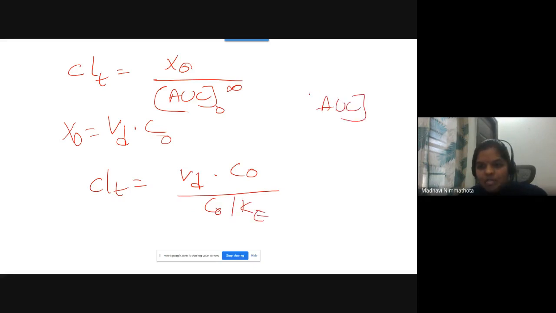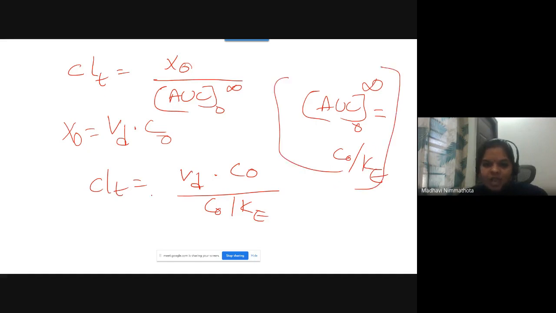One equation is there: AUC 0 to infinity is equal to C0 by KE. First you write down CLT is equal to VD into C naught divided by C0 by KE, since AUC 0 to infinity is equal to C0 by KE.